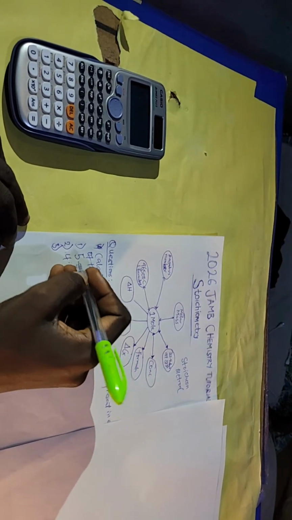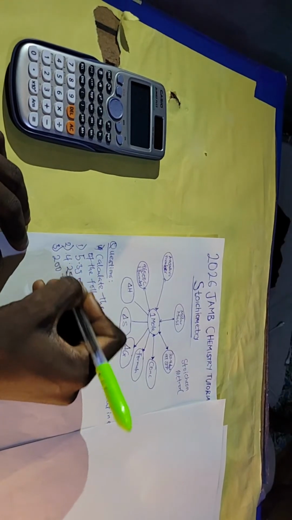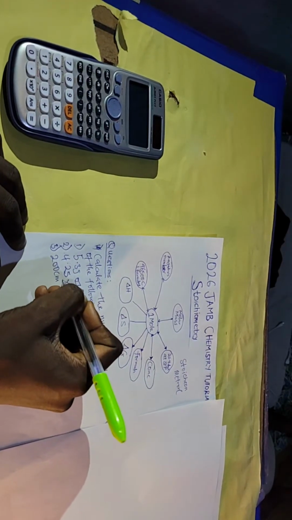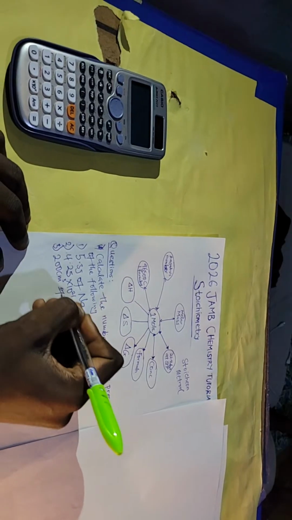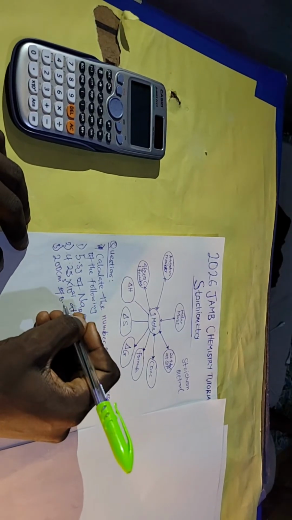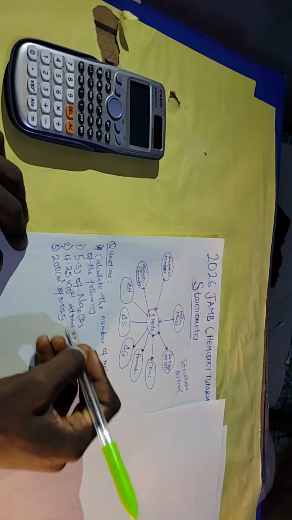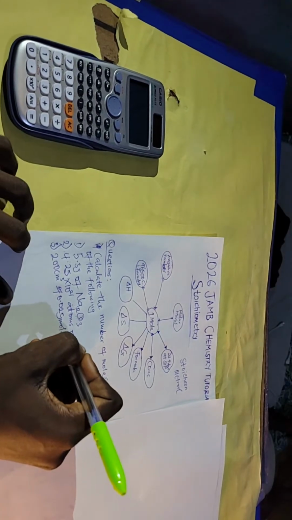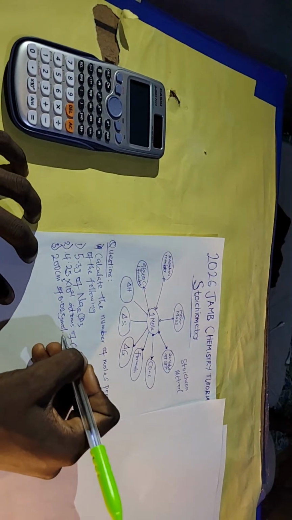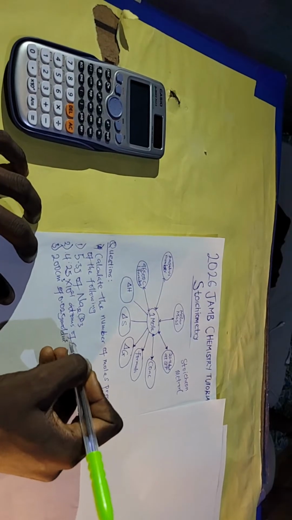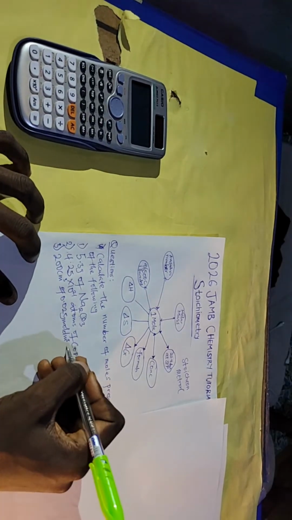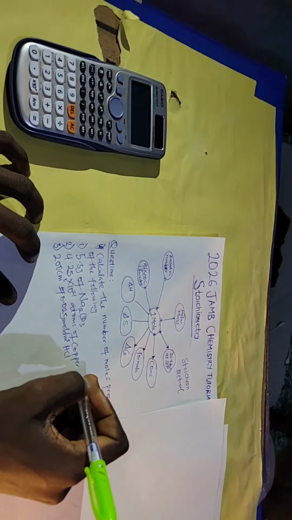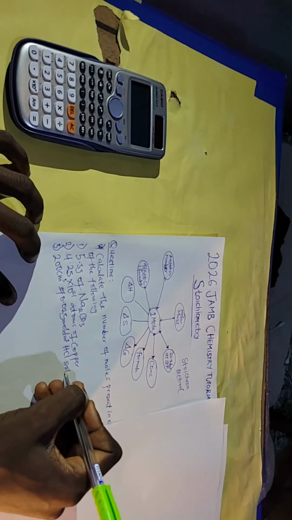The third question is 200 cm cube of 0.025 mole per dm cube HCl solution.